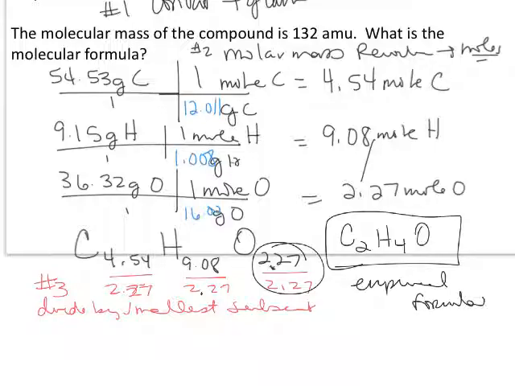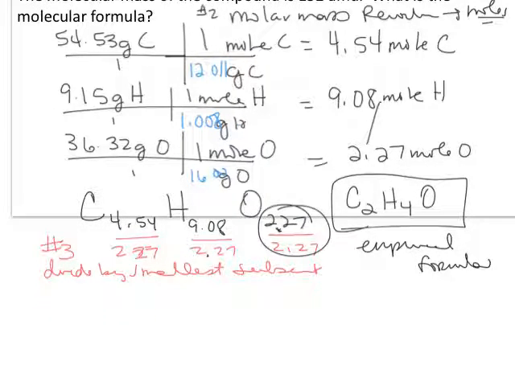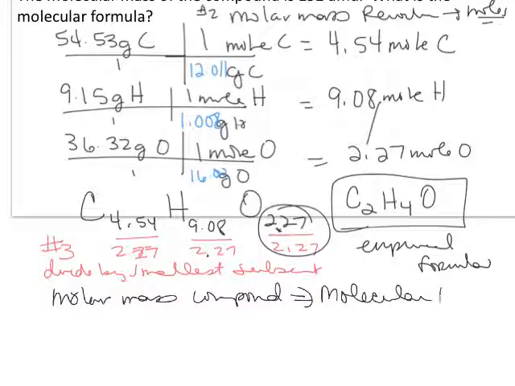The second part of this question, they actually give you the molar mass. Whenever you're given the molar mass of the compound, then you can actually solve for its real formula, the molecular formula. So in order to solve for the molecular formula, the first thing is to calculate the molar mass of the empirical formula.